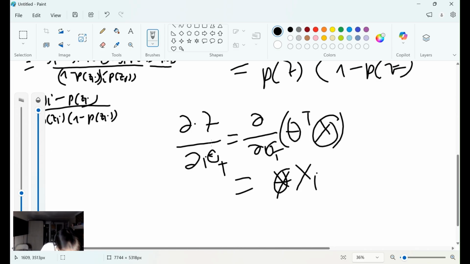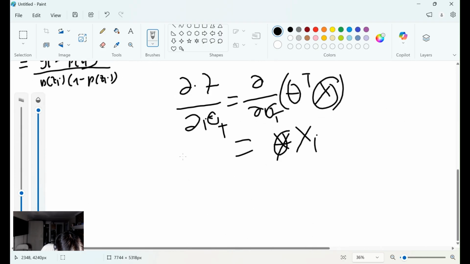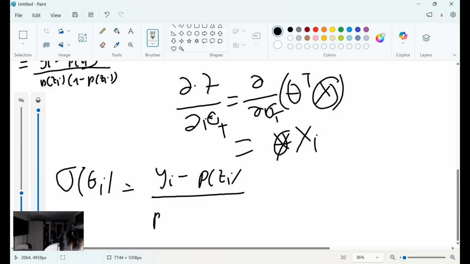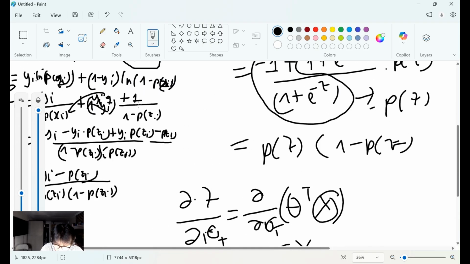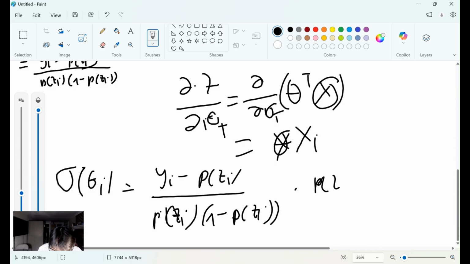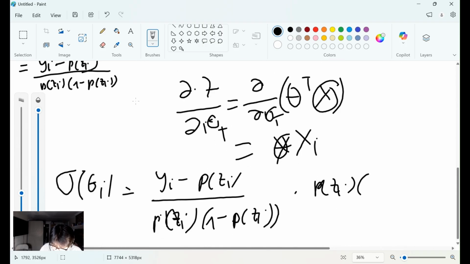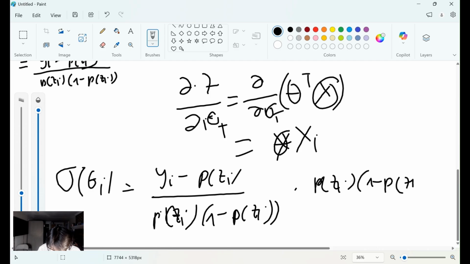Okay, so when we sum up together, the gradient of the loss function with respect to theta i will go something like: y i minus p(z i) over p(z i) multiplied by (1 minus p(z i)), and this is multiplied by p(z i) multiplied by (1 minus p(z i)). Actually, that cancels out, and this is x i.